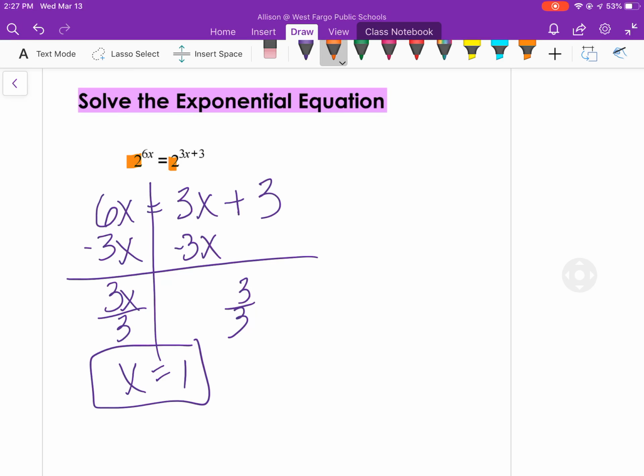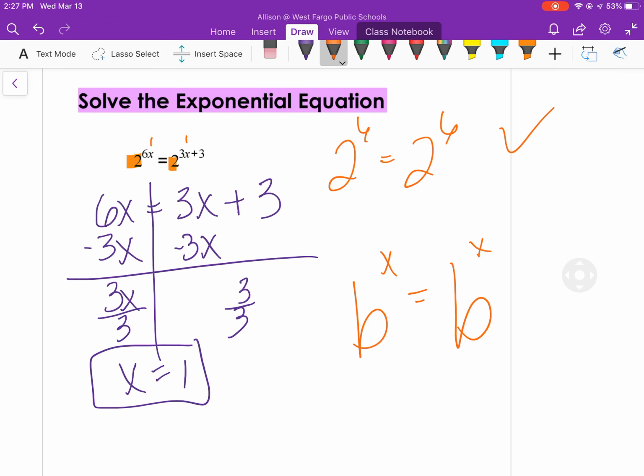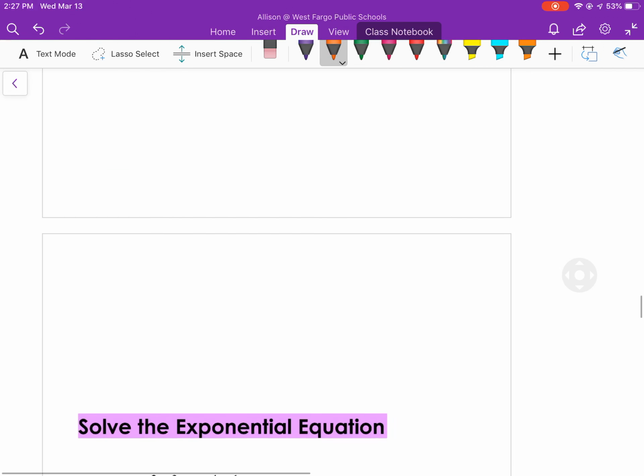And if you plug that back in, 6 times 1 is 6, and 3 times 1 is 3, plus 3, you're going to get 2 to the 6th. So x equals 1 does work there. So if the bases are the same, then the exponents must be the same as well.